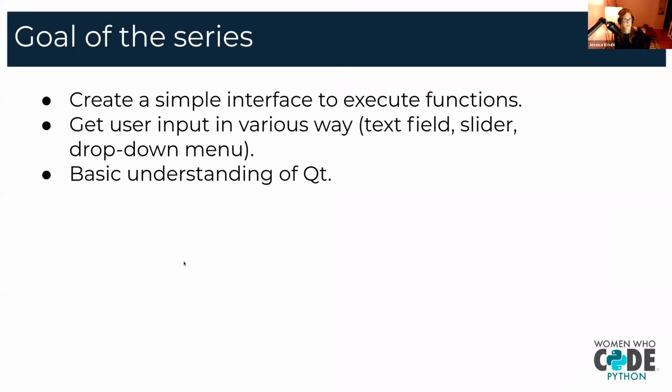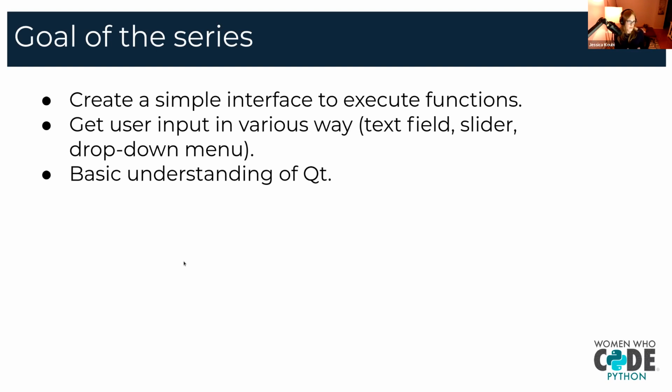So first, what's the goal of this series? As mentioned earlier on, we want you to be able to create a very simple interface first, something where you can just execute your code with a user interface that you can distribute to anybody.